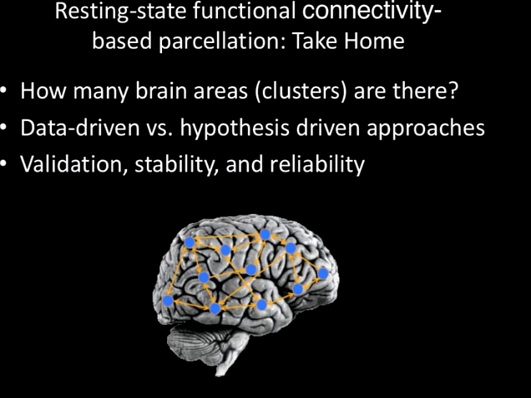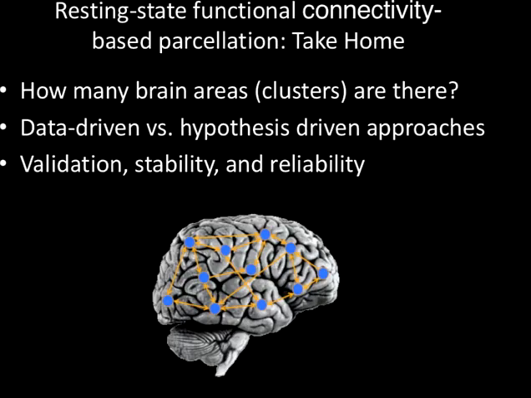You could define them in different ways. Sometimes you find convergence between a diffusion-based parcellation, a resting parcellation, and a MCAM parcellation, but more often than not, you don't see convergence across modalities. That's a surprising, maybe worrisome feature, but it's something to think about.